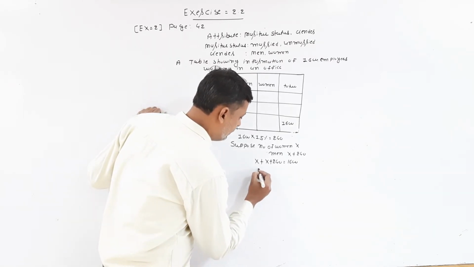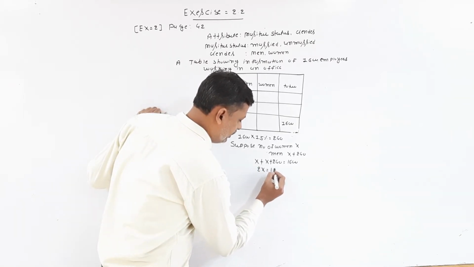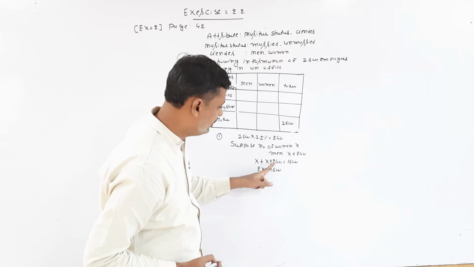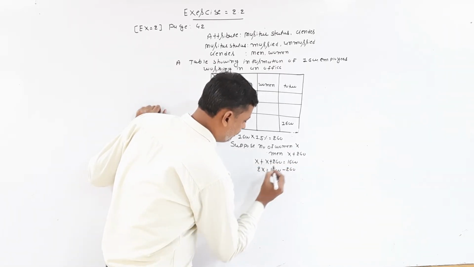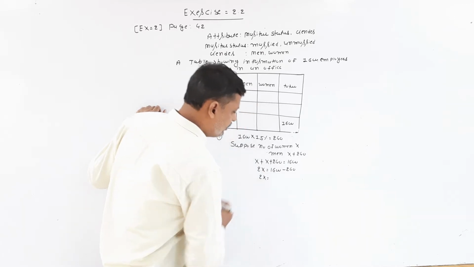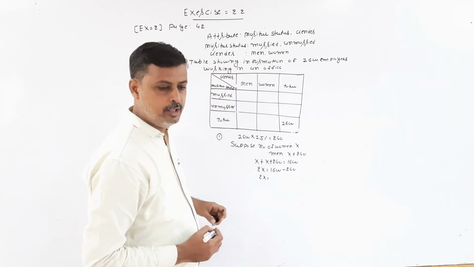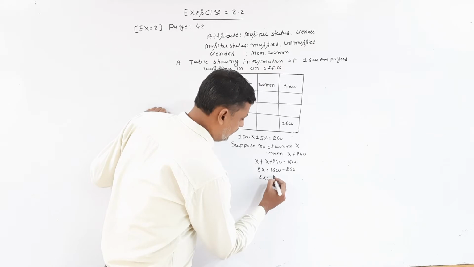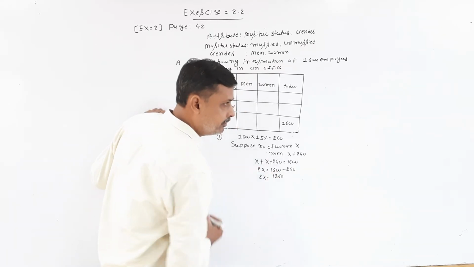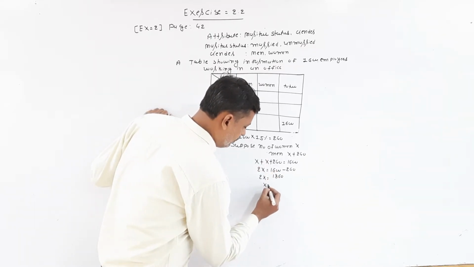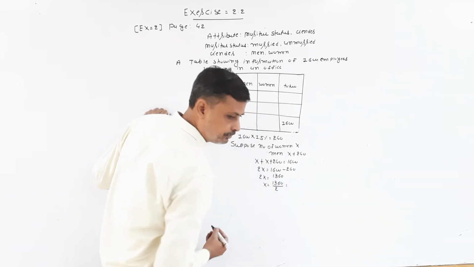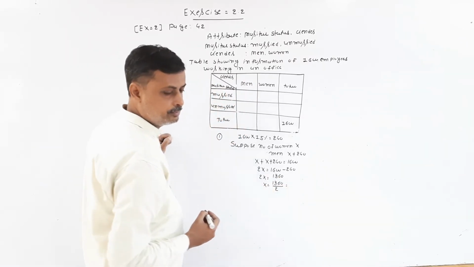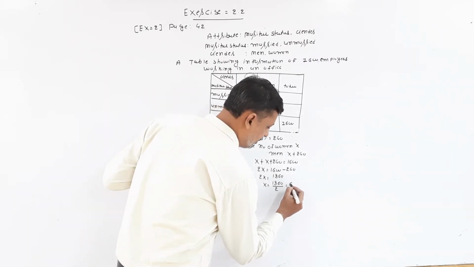x plus x becomes 2x. 1600. If we change, plus 240 becomes minus. 1600 minus 240, that is 1360. So x is equal to 1360 upon 2, that is 680.